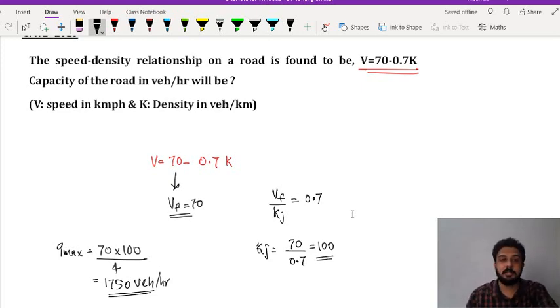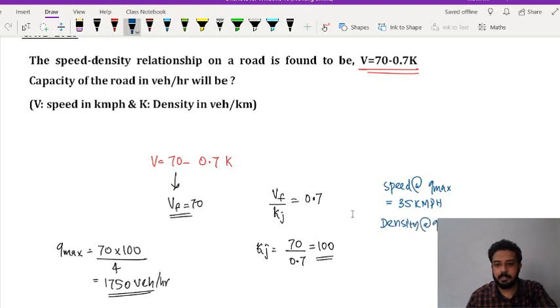Suppose in this question, if they are asking another question, for example, what will be the speed at maximum flow? What will be the answer? Speed at maximum flow will be, yes, 35 kilometers per hour, right? Vf by 2. Similarly, what will be the density at maximum flow?